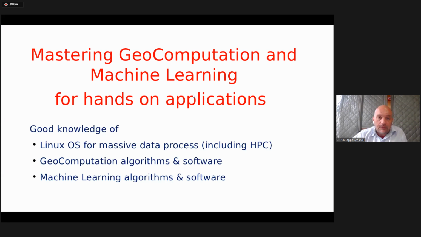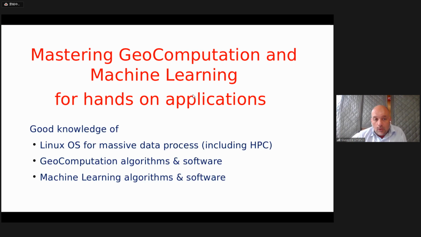So all this kind of work has something in common in order to master this geocomputation and machine learning. You need good knowledge, or extremely good knowledge, of the Linux operating system for massive data processing, including in HPC. Both of us, Lonzu and I, and all my collaborators are working, for example, on the Yale supercomputer, and they really need to master the supercomputer very well in order to achieve high computational work in terms of both geocomputation and machine learning.